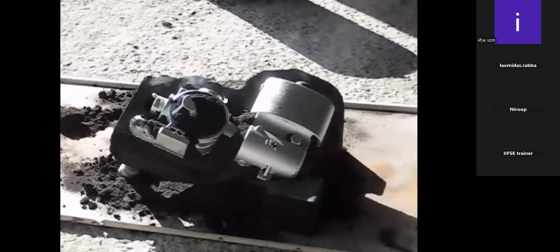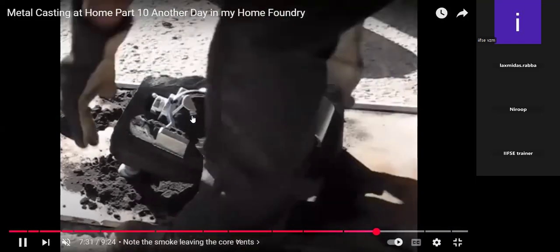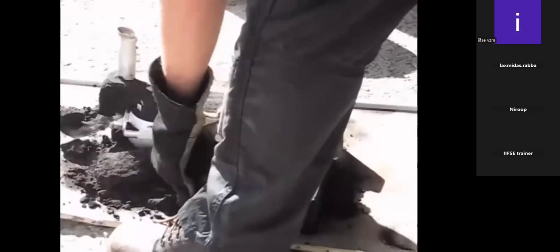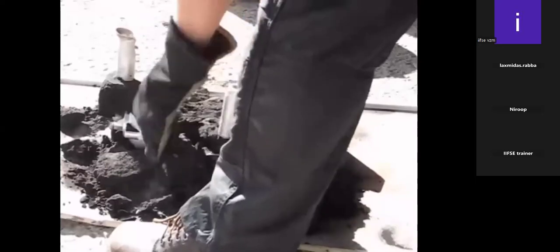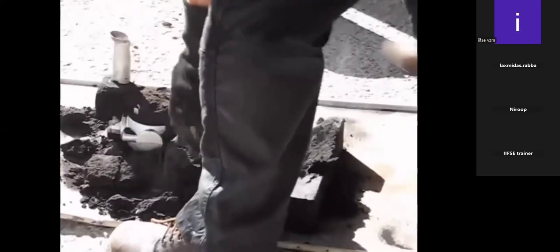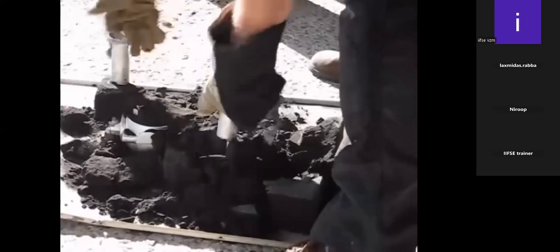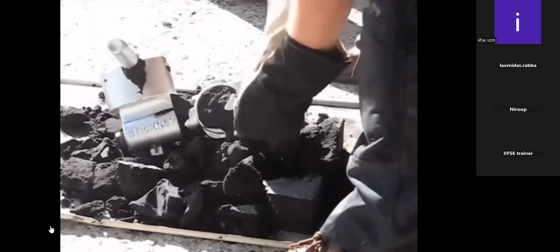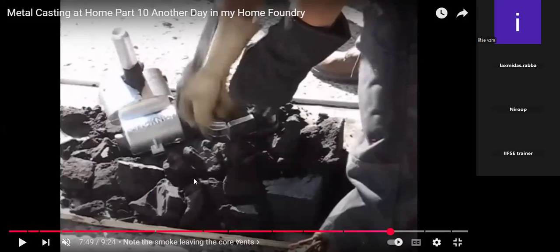If I assume it is a pump or any motor, I need some space to fix some other parts within this. This is called the knockout activity.